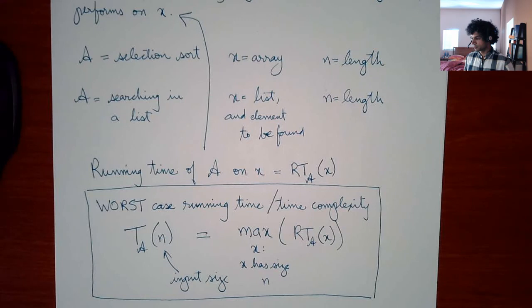Someone asked a question I can't quite understand. They said, so would function calls take less time than any elementary operation? No, if a function call is made, then you have to look at what are the elementary operations done by the function call. You're tracking the number of elementary operations, where a function call itself could make tons of elementary operations.